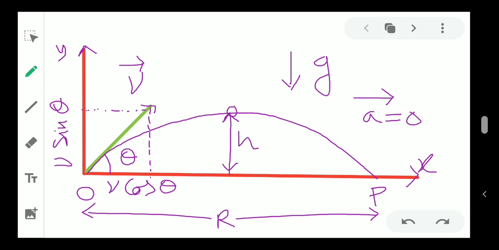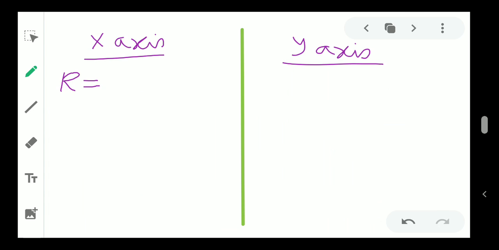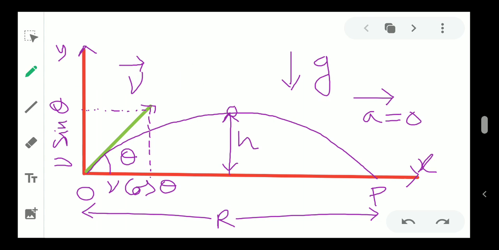Now which part will we use? Only v cos theta, because v cos theta is responsible for the displacement R. So R equals v cos theta into big T. Now I don't know T, right?